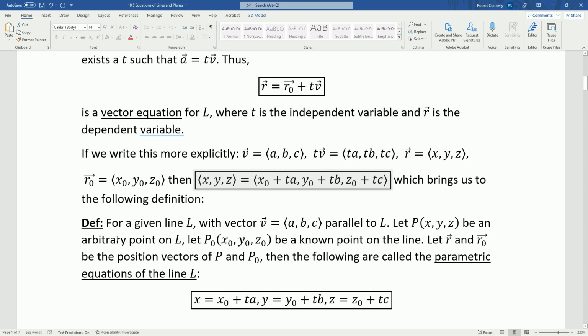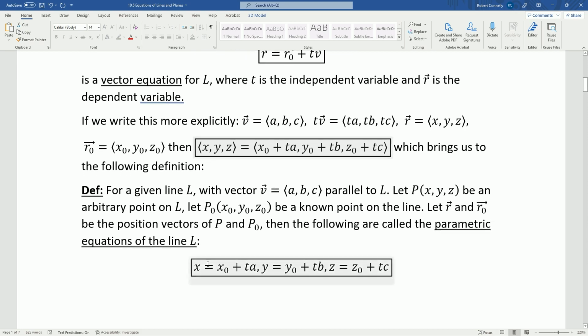Then R and R naught are the position vectors of P and P naught, and the following are called the parametric equations of the line L. So x equals x naught plus ta, y equals y naught plus tb, and z equals z naught plus tc. So anytime you're asked for the parametric equations of the line, you're just asked to express each of these coordinate equations separately.